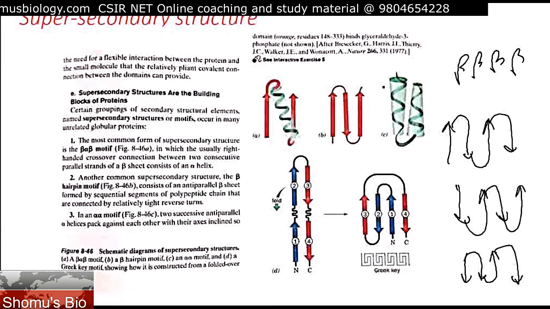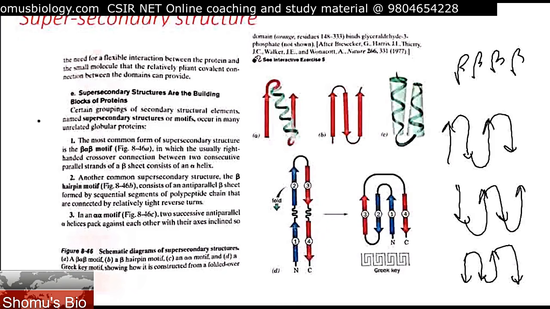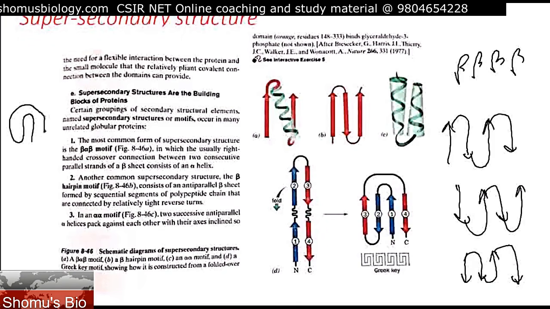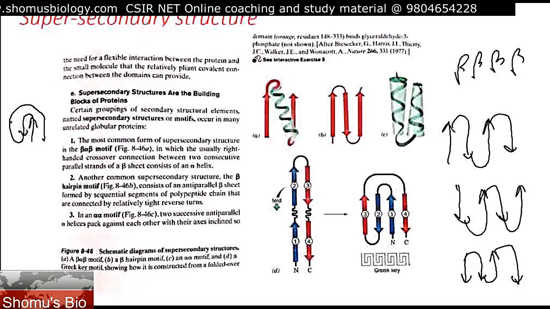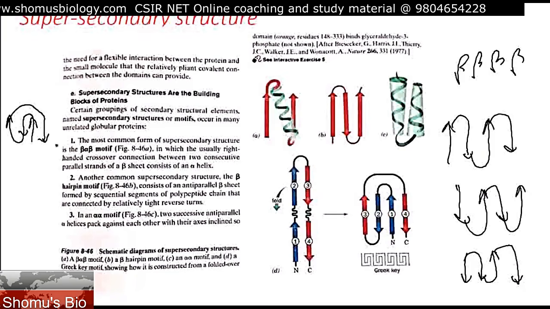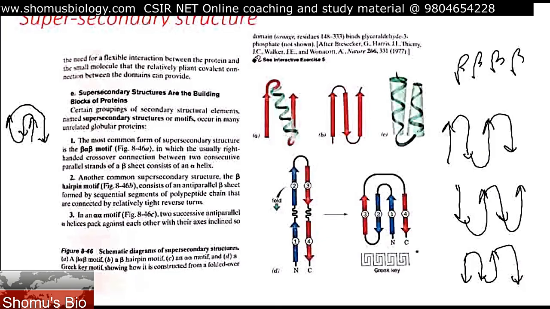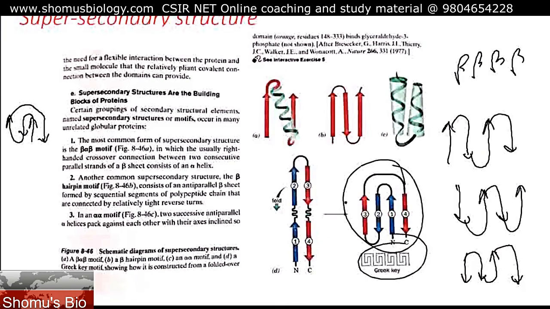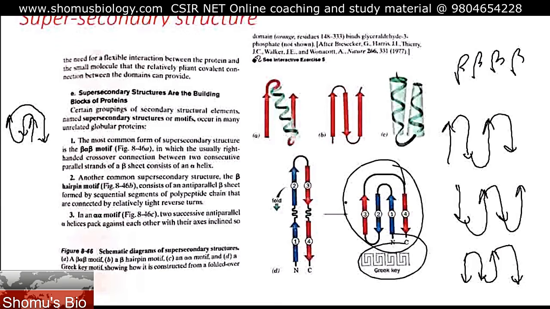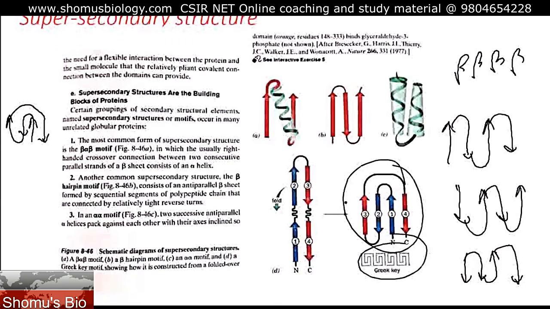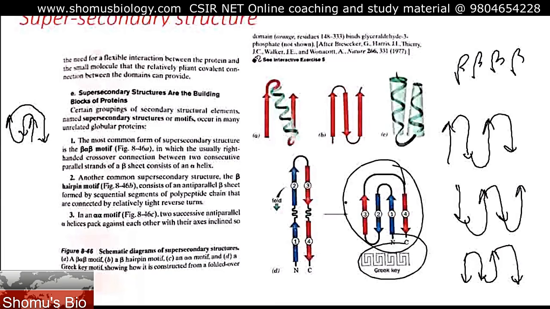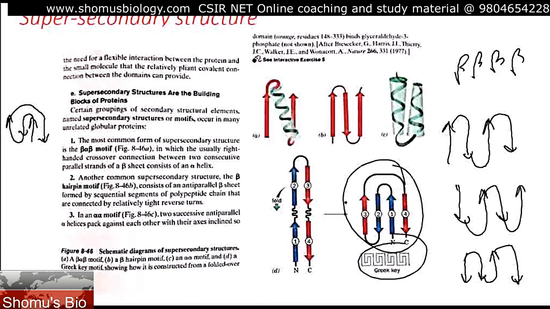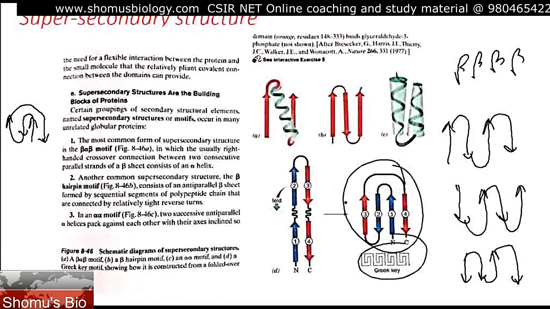But when those 4 betas are arranged like this, then it is known as a Greek key motif. See here. So the domain is 4 betas, a continuous stretch of beta, it's a domain. But it will convert into a motif by the way it is arranged.